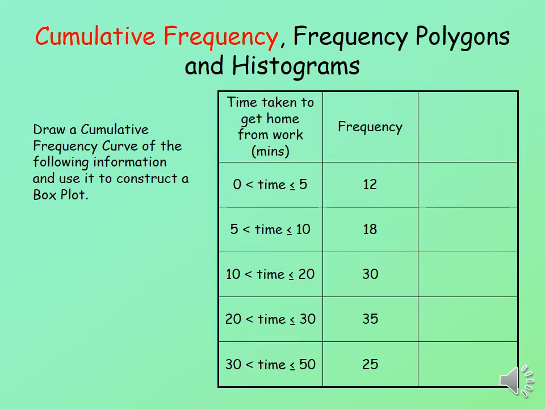Okay, so no doubt you are familiar with this table if you've done previous lessons. So you are asked to draw a cumulative frequency of this information and use it to construct a box plot. Okay, so just to get you started, this is the column cumulative frequency. I'm going to give you 5 seconds to freeze the screen and come up with the figures, then we will plot that as a cumulative frequency.